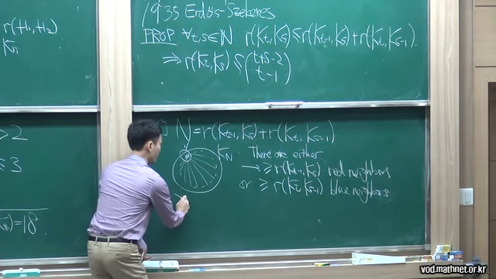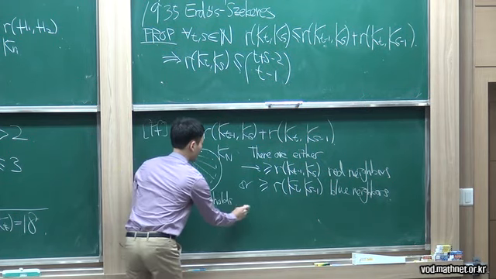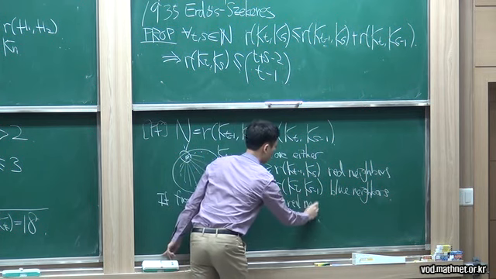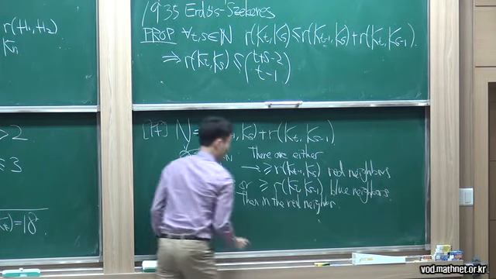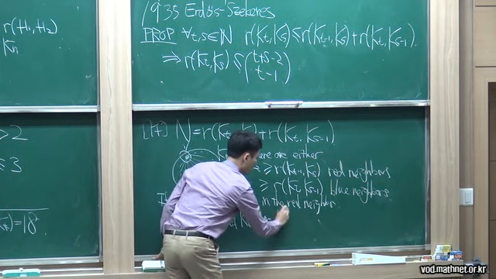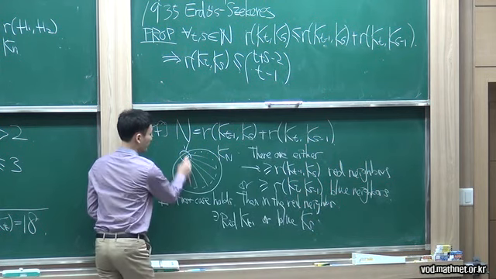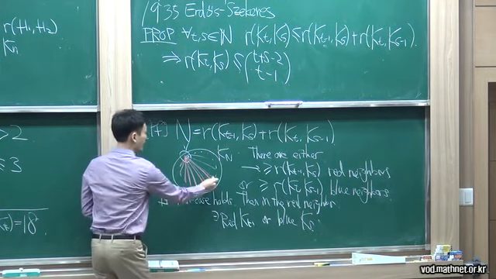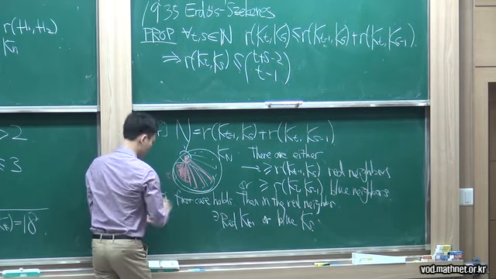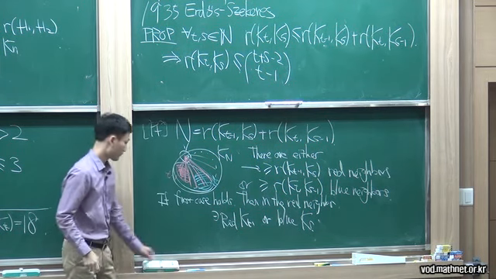If the first case holds, then in the red neighborhood there exists a red K_{t-1} or a blue K_s. What's happening is there are a lot of red neighbors. Inside here, I will either find a red complete graph on t-1 vertices, or a blue complete graph on s vertices.